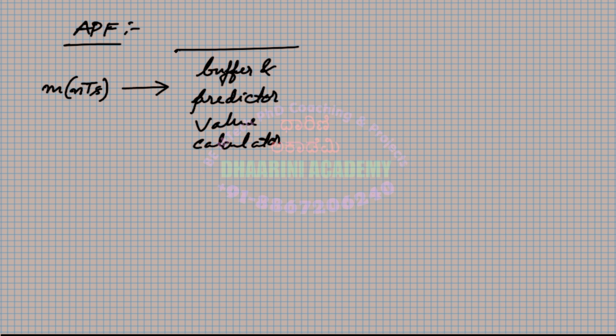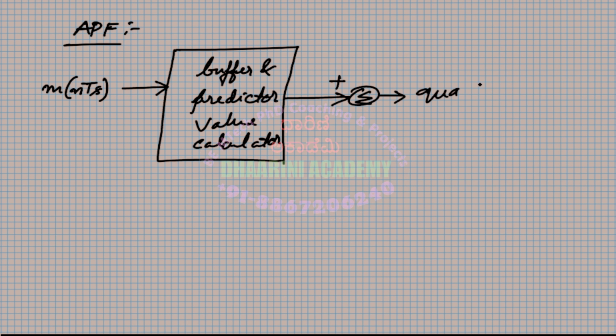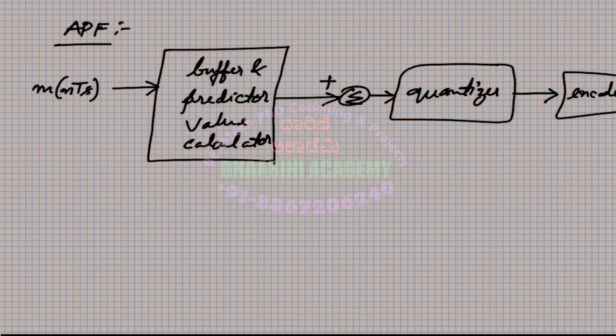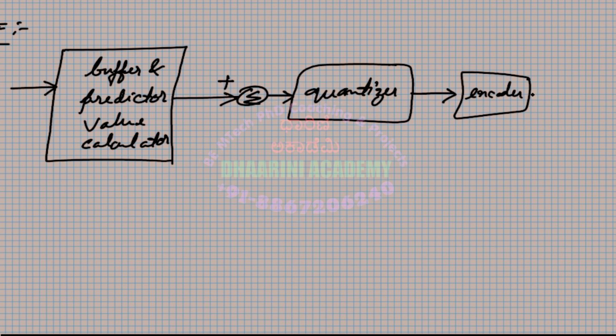This is a block. Now this output is given to a summing block where one thing is positive. Its output goes to the quantizer. This output is going to the encoder, and we know that the encoder's output will go to the channel. This is the encoded output.